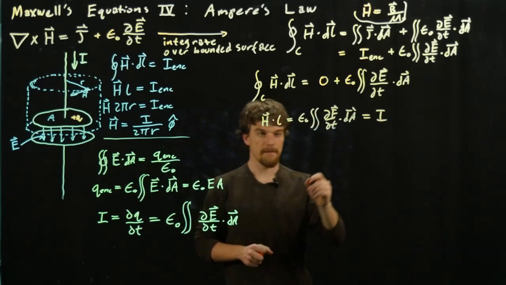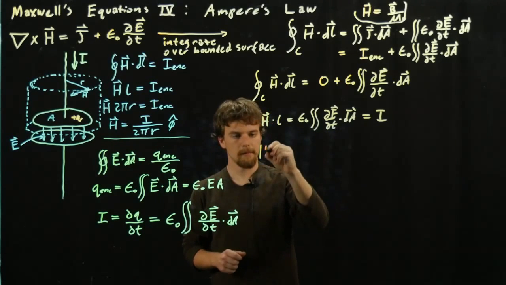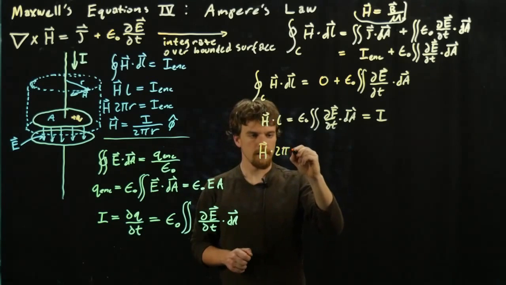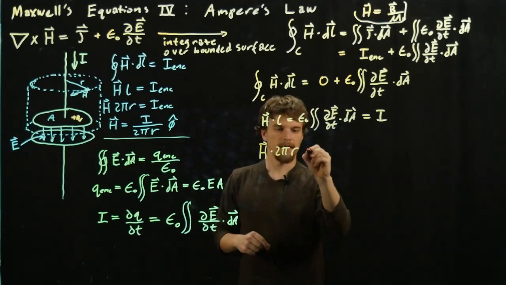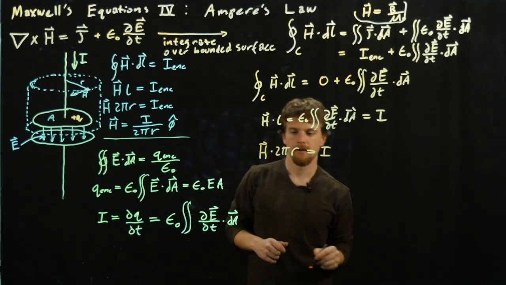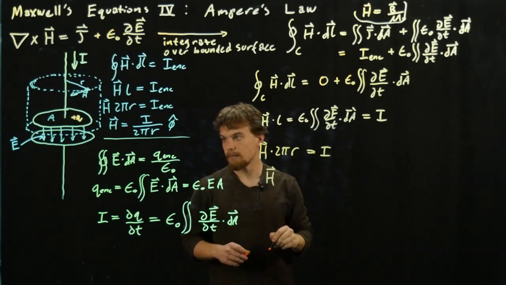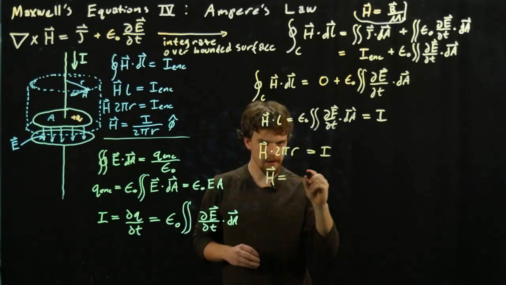So that tells us that H times 2 pi r, where the surface still has radius r, is again equal to I. And so H, let's just keep in mind where this H is.